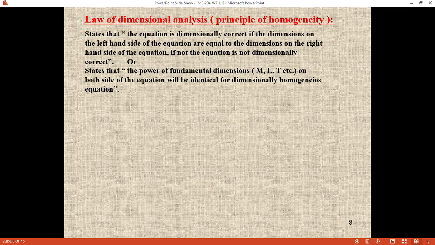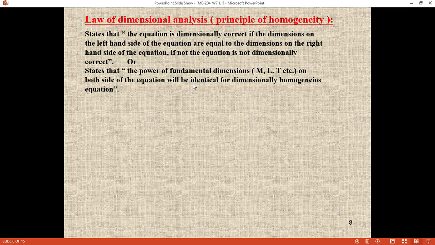In other words, the principle of homogeneity also states that the powers of the fundamental dimensions, M, L, T, theta, current, all 7 fundamental dimensions, on both sides of the equation will be identical for a dimensionally homogeneous equation.